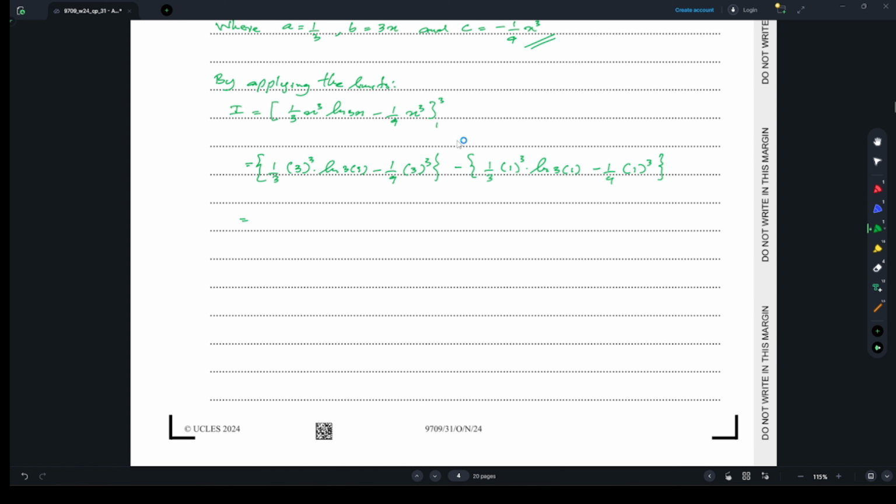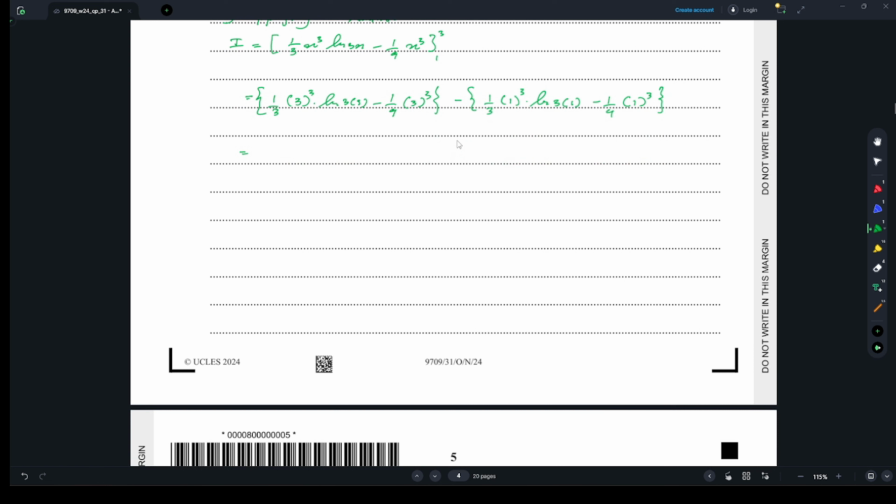If I simplify a bit more, I will have 9 ln 3 square. Here I have minus 27 over 9, which is 3, minus 1 over 3 ln 3 minus 1 over 9.